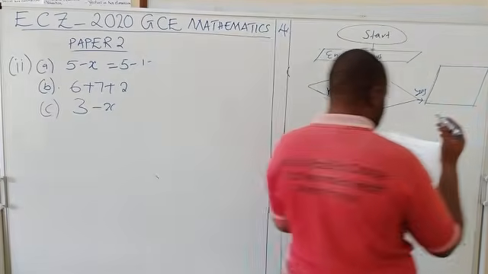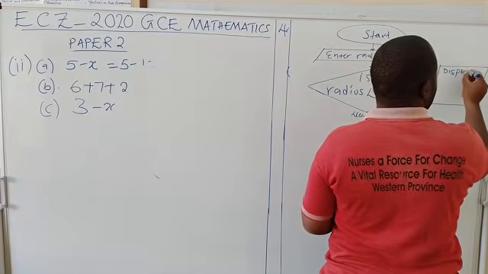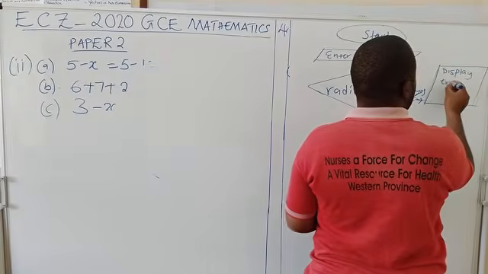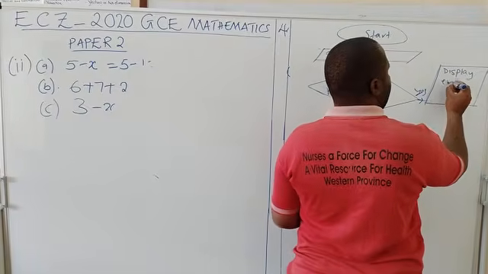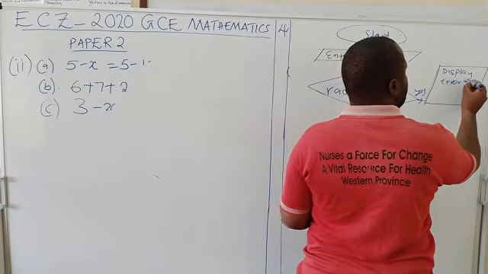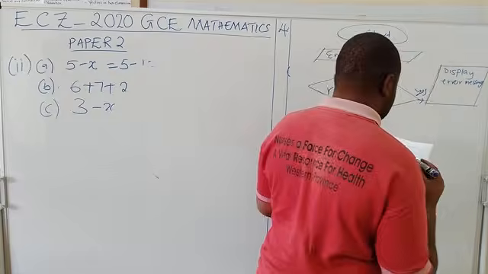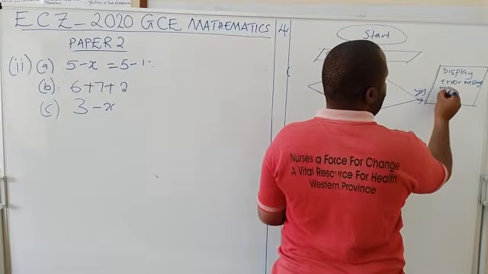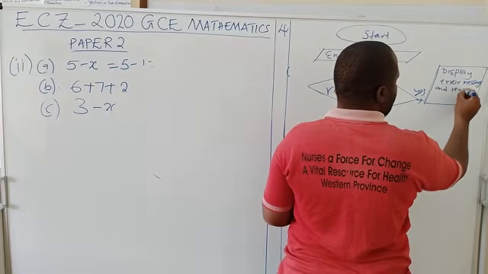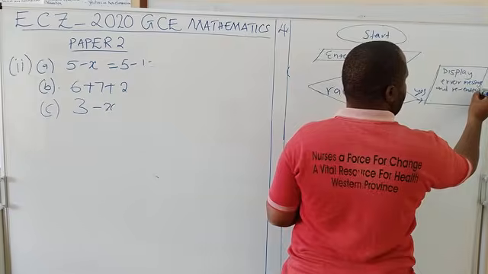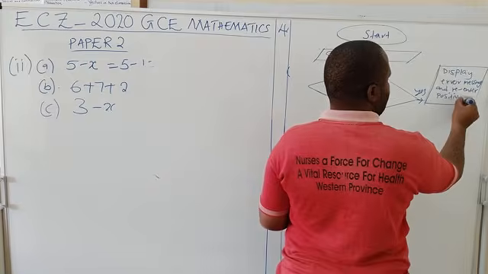We're going to say display error message, and re-enter positive radius.